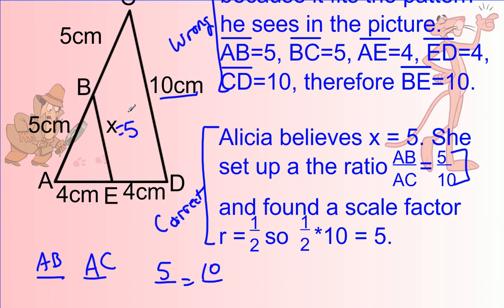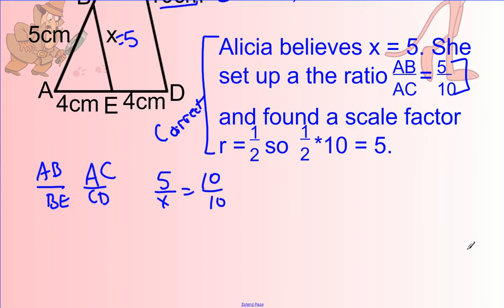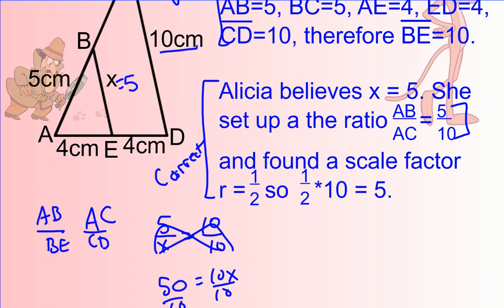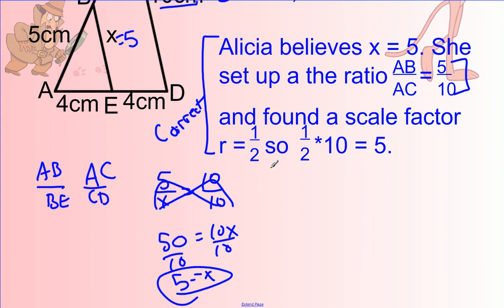Maybe this here, BE, would correspond to CD, x over 10. And if you cross multiply, you get 50 here, you get 10x here, divide by 10, x equals 5. So you could have verified that Alicia had the correct method without even doing it her way, with doing it another way. So she is correct.